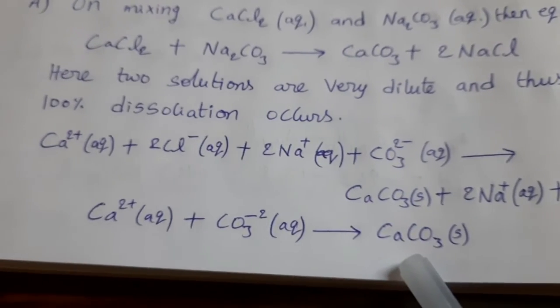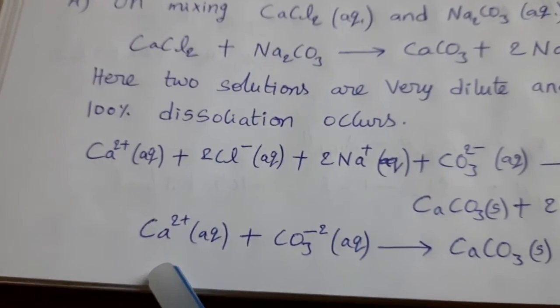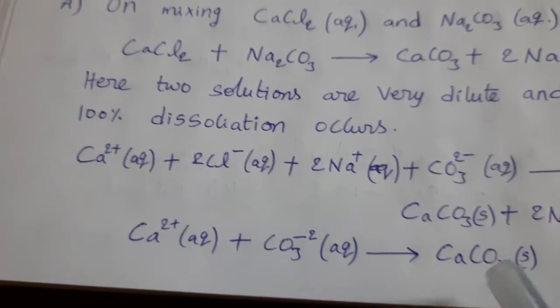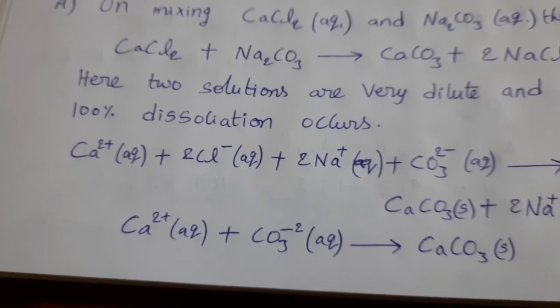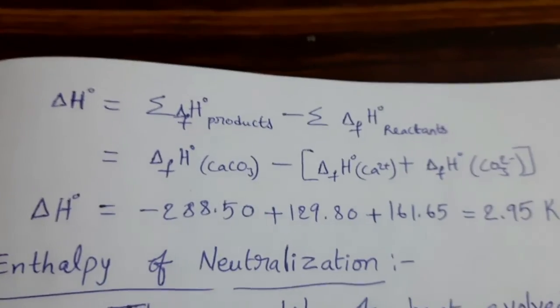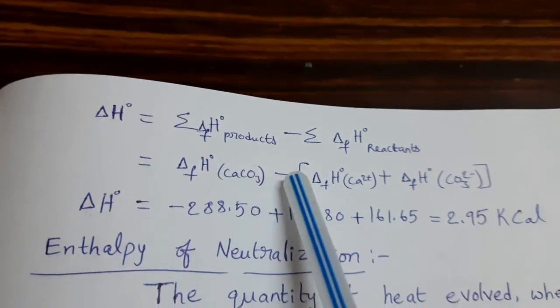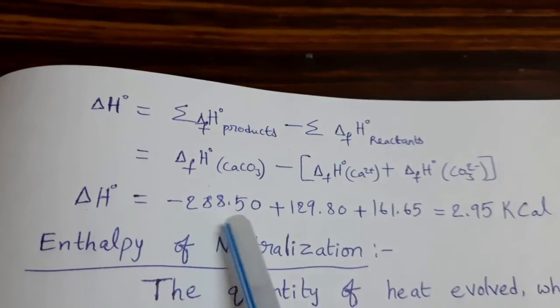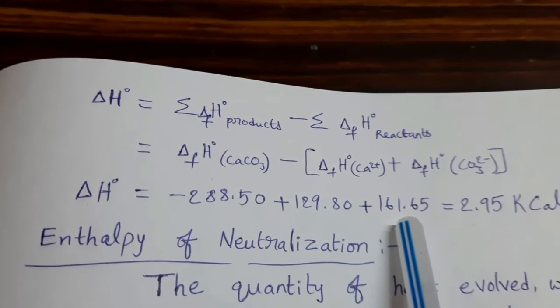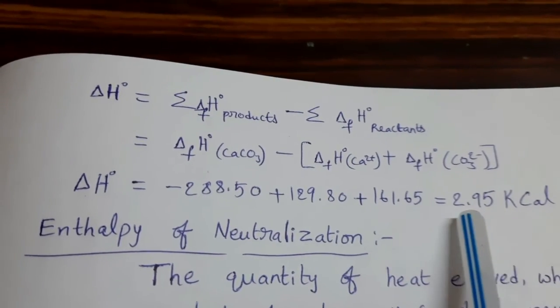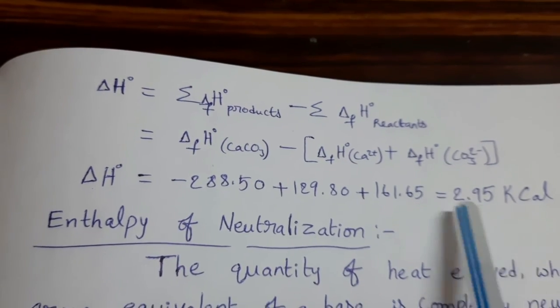Here product is CaCO3. Reactants are calcium ion and carbonate ion. Their standard enthalpy of formation values, if we substitute, we can get our answer. This is product, these are reactants. Substitute their values, then we get our answer, 2.95 kilocalorie.